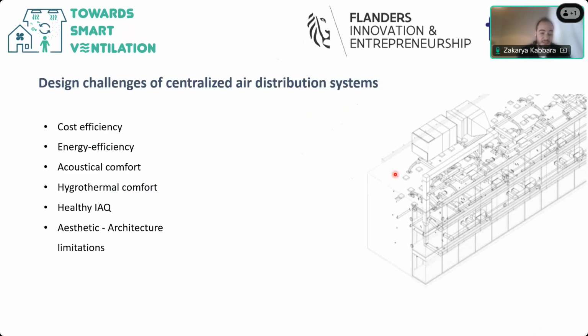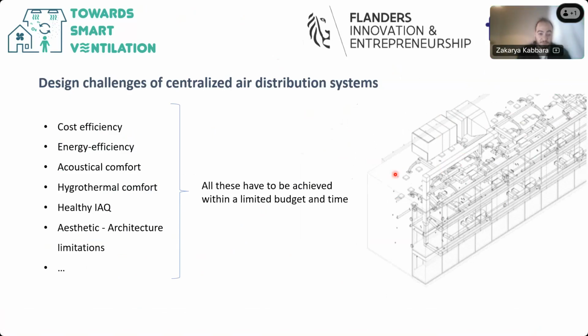And that's actually an additional layer of challenge when designing air distribution systems. And the list can carry on, but what I would like to say here is that all of these indicators have to be achieved by the design engineer within minimum budget and time. And by now you can put into perspective how challenging the design of centralized air distribution system is.